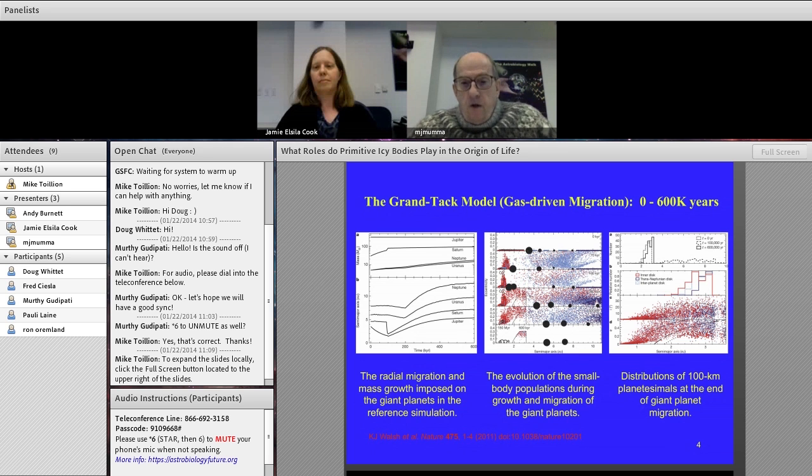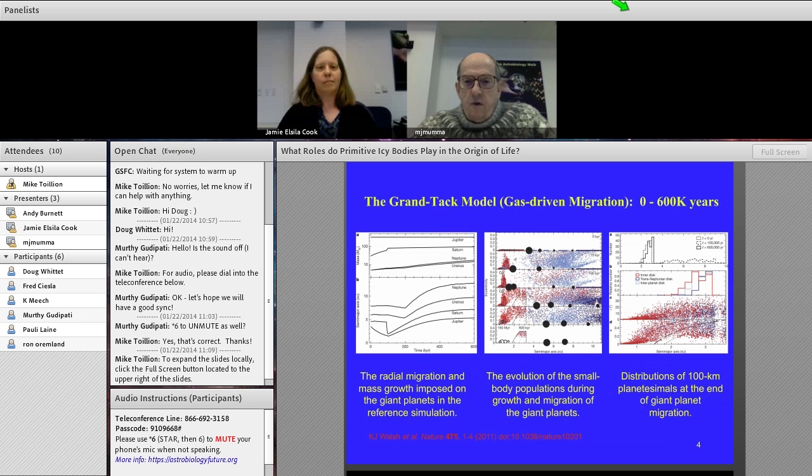The key point and take-home point of this slide is that if you look at the center panel, the color points represent material that was formed either within about 2 AU of the sun or outbound of that. So these would be dry planetesimals in the former case, and icy ones or wet ones, if you like, that were formed farther out.